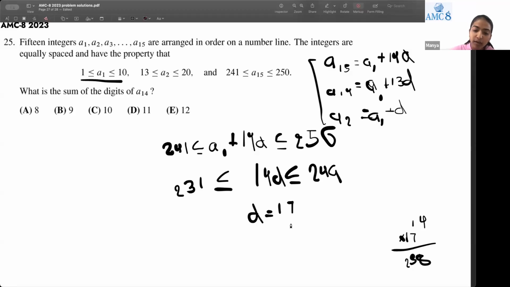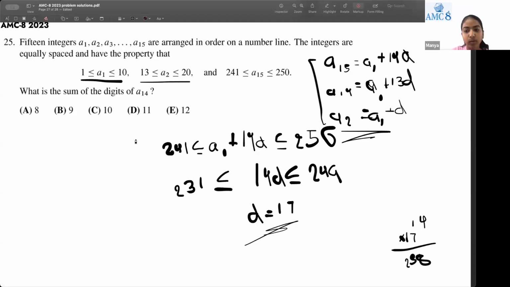And now we know the value of D. If we know the value of D, then we need to find out what A1 is. And we can substitute this for any value. We'll just do A2 because it's pretty close to A1. So A2 must be between 13 and 20.